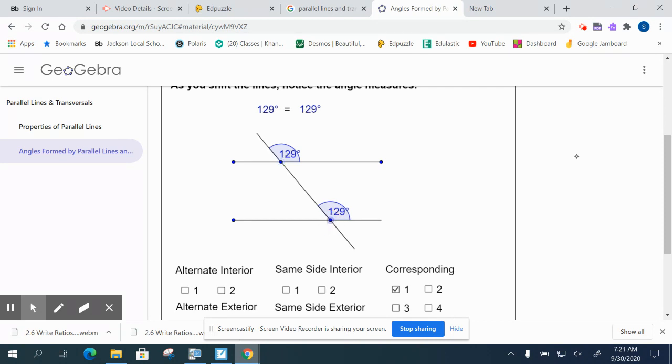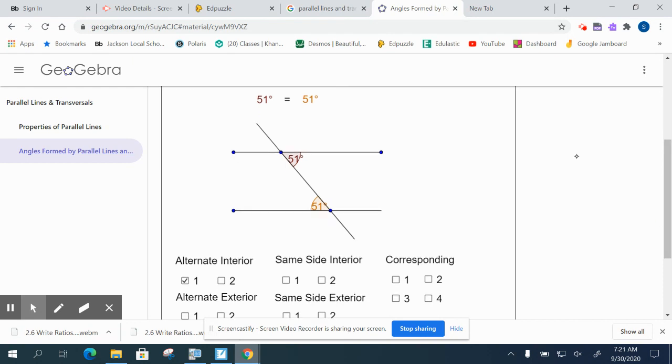And then we'll talk about what these ones mean, but I can give you a short preview. Alternate interior means alternate of the transversal and on the interior of the parallel lines, versus alternate exterior, which are on alternate sides of the transversal. So one's on the right side, one's on the left side, and they're on the exterior of the parallel lines.